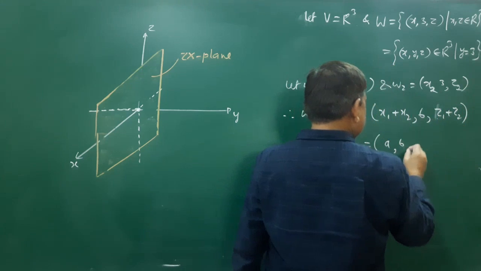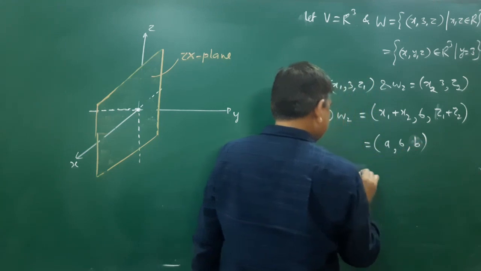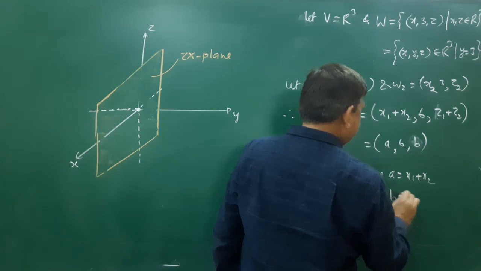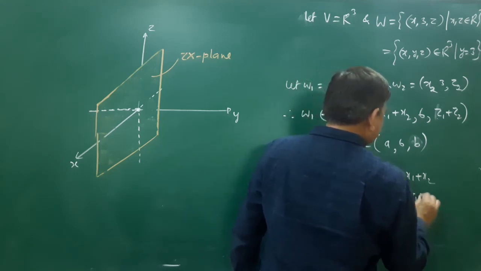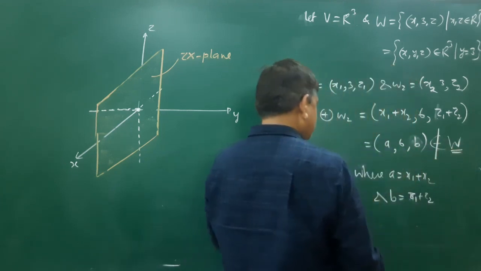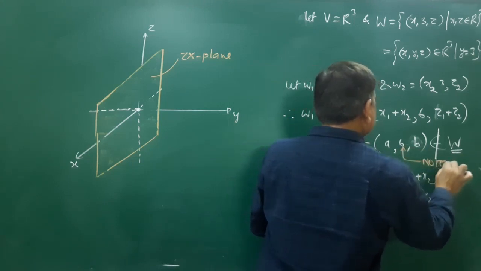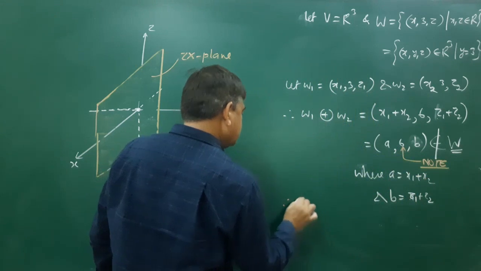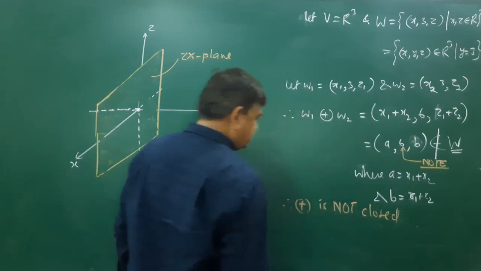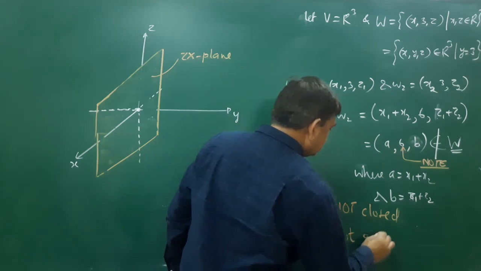It looks like (A, 6, B), where A is x1 plus x2 and B is z1 plus z2. This does not belong to W, because here you can see the number 6. Therefore, W is not closed. Therefore, W is not a subspace.